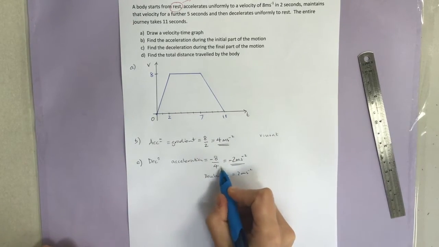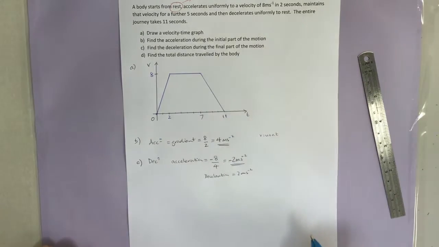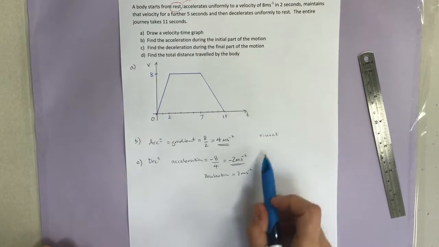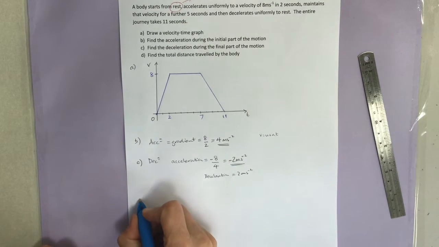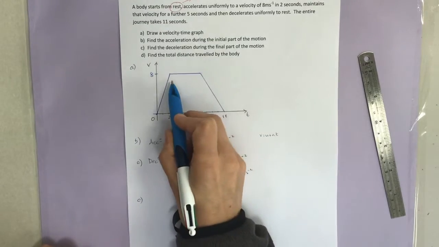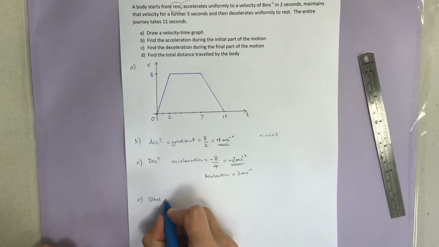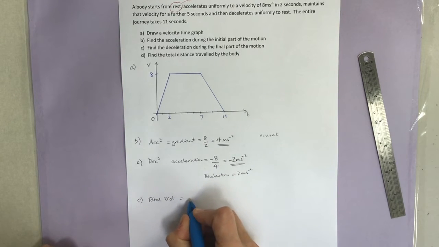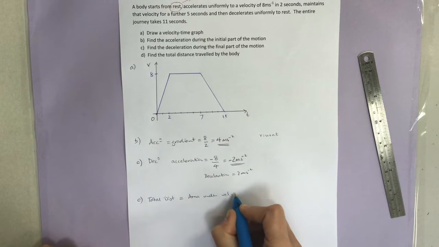Okay, so negative acceleration means it's deceleration, but we've got to make sure we're getting that negative involved there because it's negative gradient. And again, you could have used SUVAT, same sort of thing here, and got the right answer from doing that. Okay. Part C. The total distance travelled. So it wants the whole distance of this journey, and the total distance travelled, again, we've just put this in our notes, that's going to be my total area under my velocity time graph.